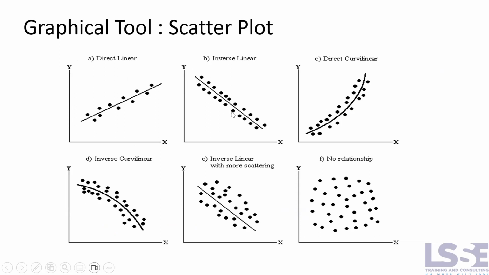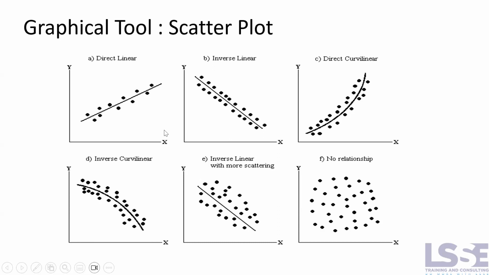It could be a direct curvilinear, where the higher the x, the higher the y, but towards the end the increase is much faster. In D, this one is an inverse curvilinear, and example E is a linear relationship but with more scattering, or it could be that there is no relationship within your data.